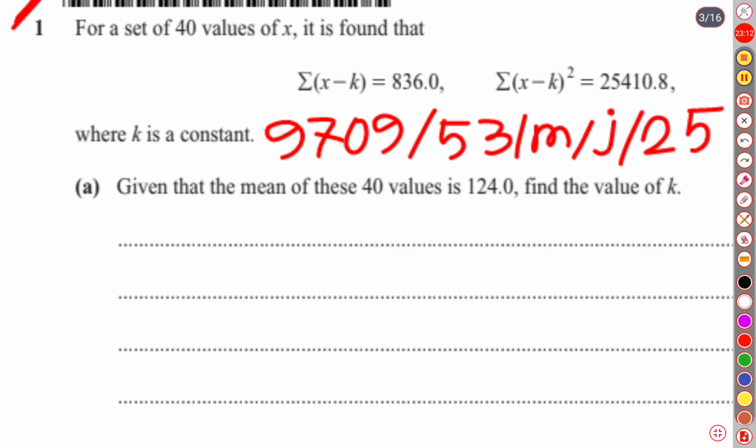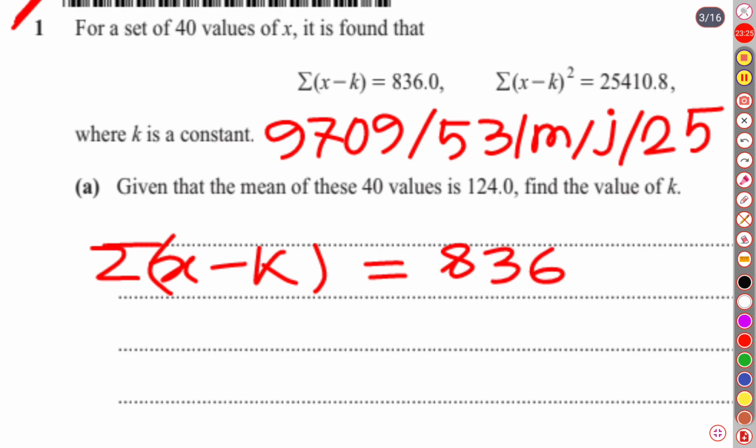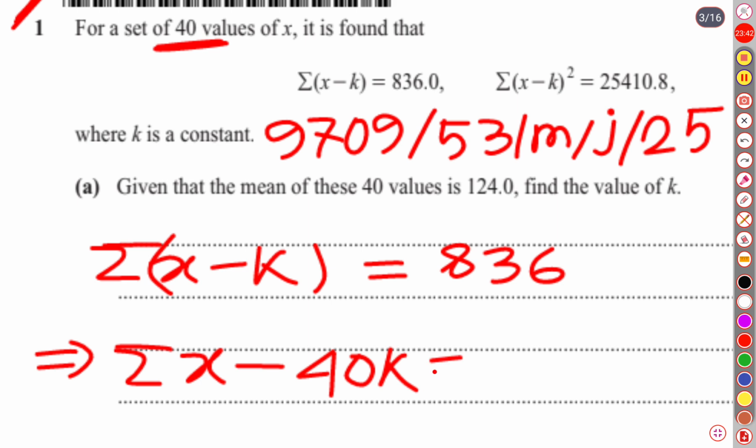We will first write, it's given that the sum of (x minus k) is 836. So it is actually the sum of x minus total, how many x's are there? 40. So it is going to be 40k, equal to 836.